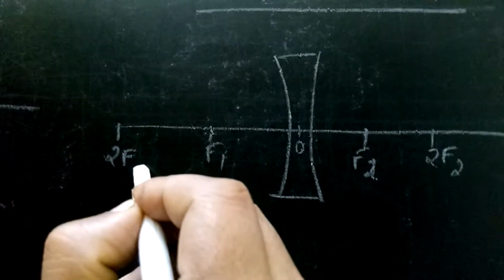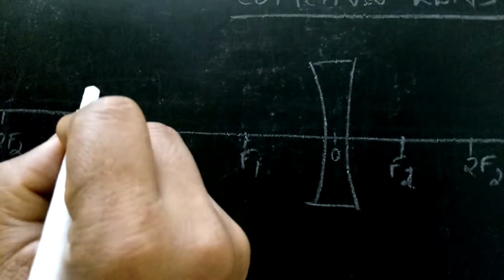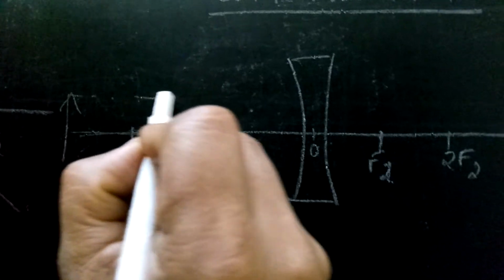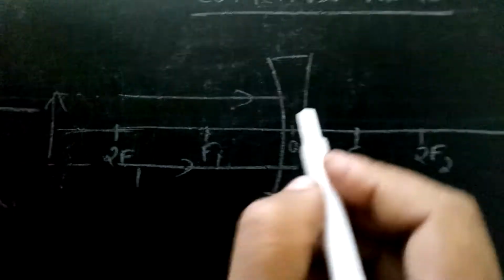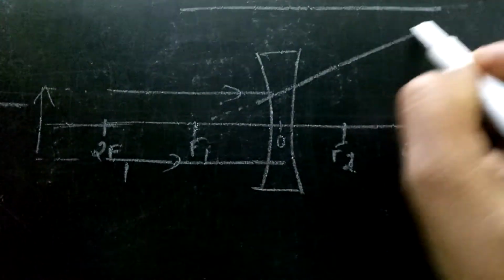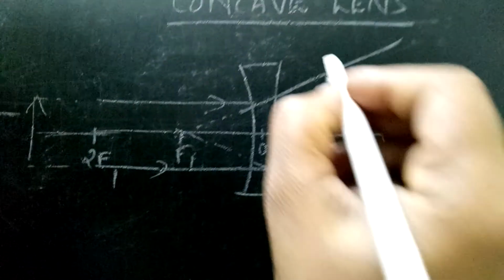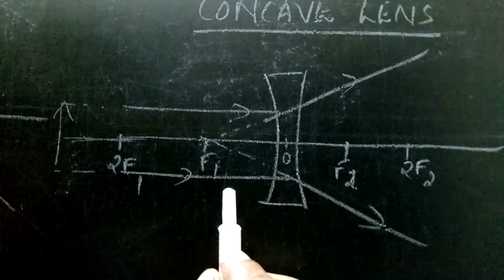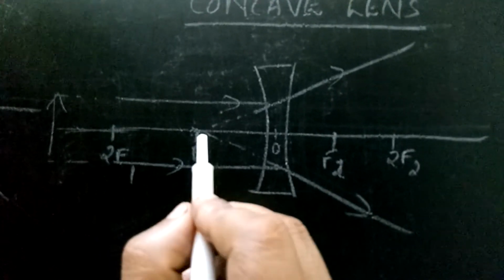2F1. Now when the object is at infinity, the light rays will be parallel, isn't it? And these light rays appear to diverge. These two light rays appear to diverge from a point on the principal axis, that means from the focus.